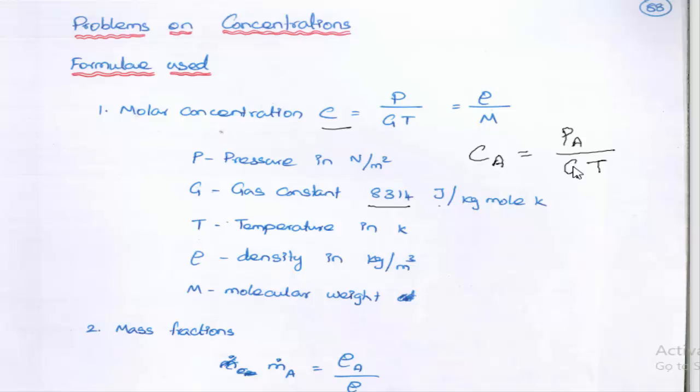So it can be written as equal to rho of component A, that is the mass density of component A, divided by the molecular weight of component A. Similarly, C_B equal to pressure of B divided by R into T, which is equal to rho B divided by M_B. So this is how you have to find out the molar concentration.